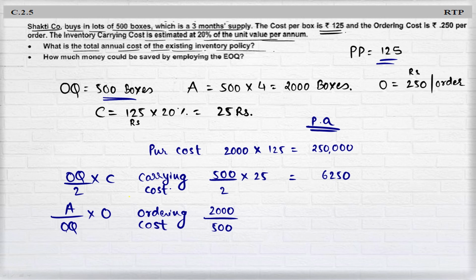In a year, you will be ordering 500 boxes 4 times. Multiplied by O, which is 250. It will not be 6250, because you have not followed Wilson yet. What is the answer? It is 1000 rupees.